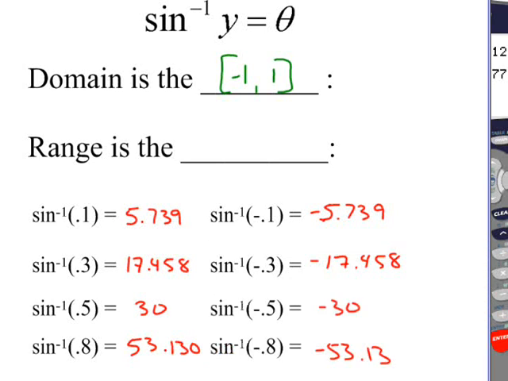So, okay, and remember these are angles, all right? So if you're thinking about these being angles, these are all in the first quadrant. These guys are all in the fourth quadrant because they're all negative angles. So this actually helps us determine our range because we only have angles in the first quadrant and in the fourth quadrant. So we say our range is from negative 90 to positive 90.